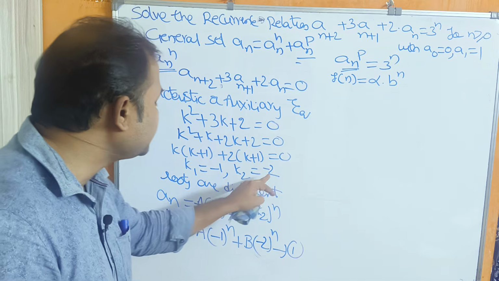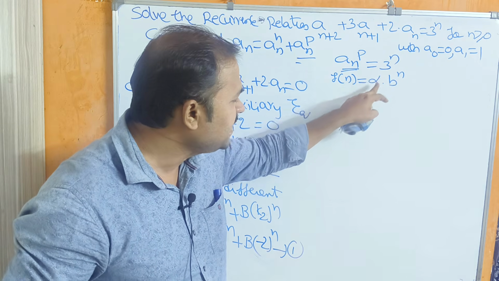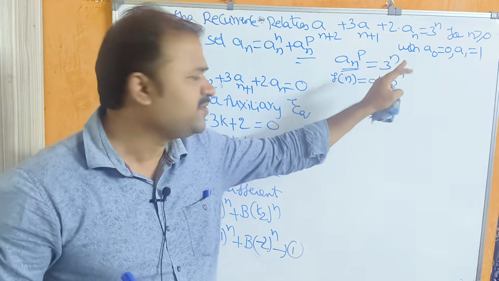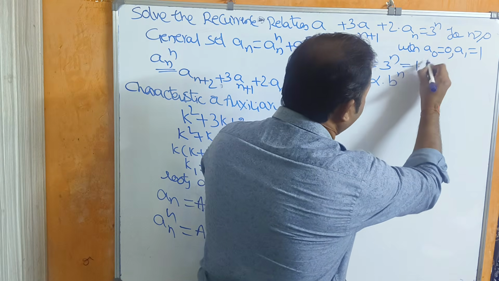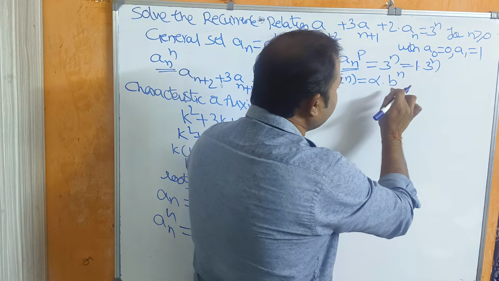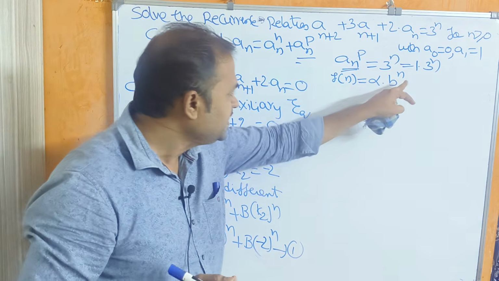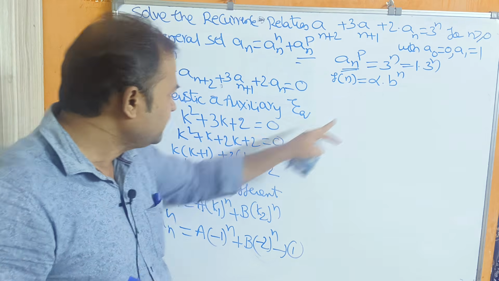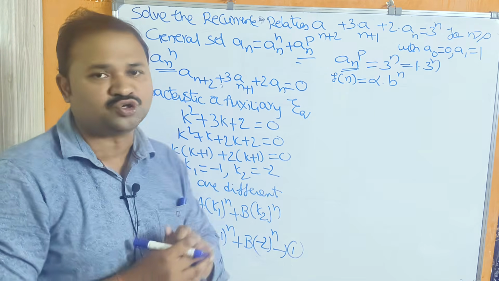Here we got minus 1 and minus 2. Whereas what is the b value? Here the alpha value is 1. Why? Because we can write 3^n as 1 into 3^n. So now alpha is 1, whereas b is 3. That 3 is not a part of the characteristic roots.